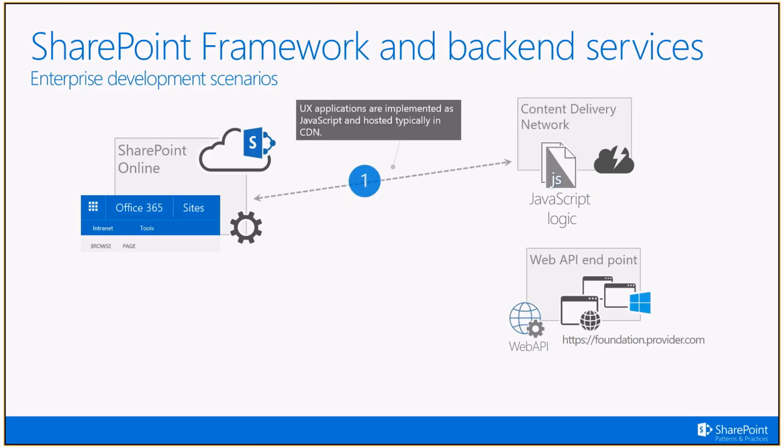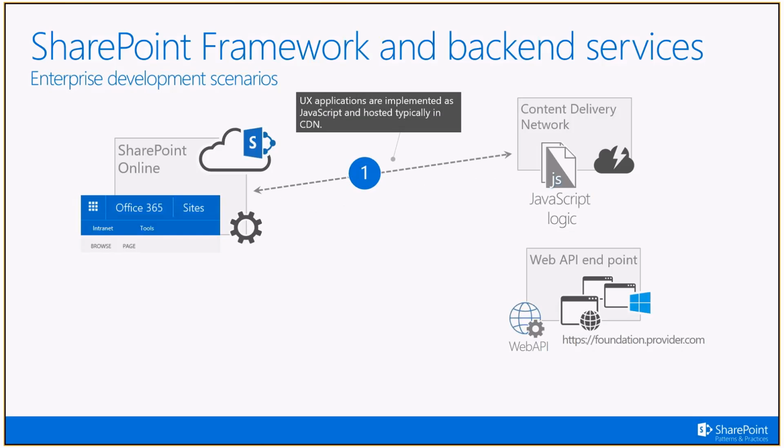We are hosting the JavaScript files somewhere in some CDN, and when you're accessing those within your browser, you are in the context of SharePoint Online. But the JavaScript files are hosted somewhere. They could be hosted in SharePoint. You could use the Office 365 CDN or Azure CDN or whatever. But essentially, JavaScript files are loaded in the memory in the context of SharePoint Online.